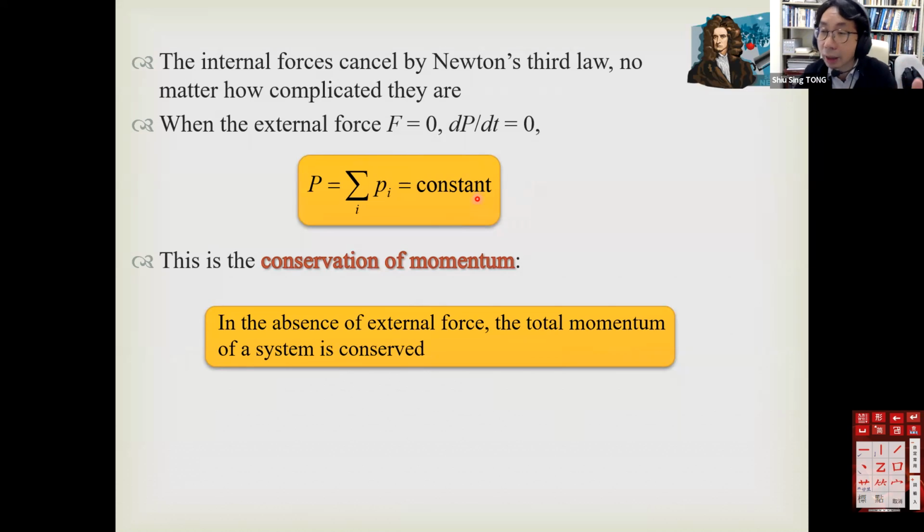But since the loss and the gain are of the same magnitude but of opposite sign, the total momentum still remains constant. One increases, one decreases, and so you get the total momentum unchanged. And that is the law of conservation of momentum. In the absence of external force, or if the net external force acting on the system is zero, the total momentum of the system is conserved. So these are the physical ideas for the conservation of momentum.